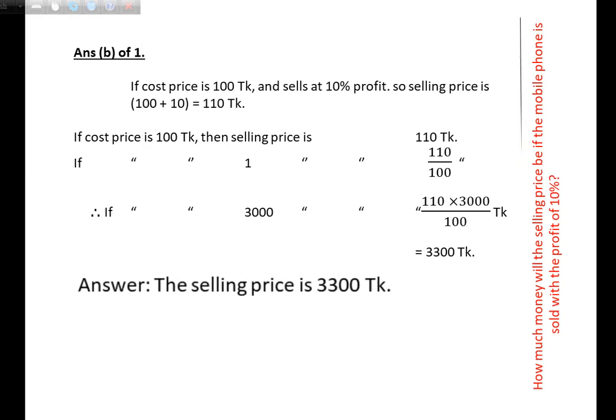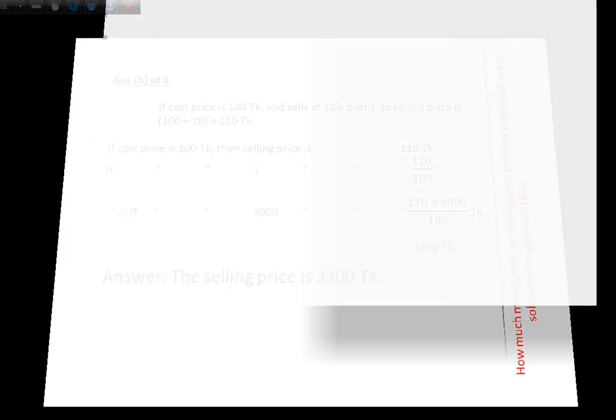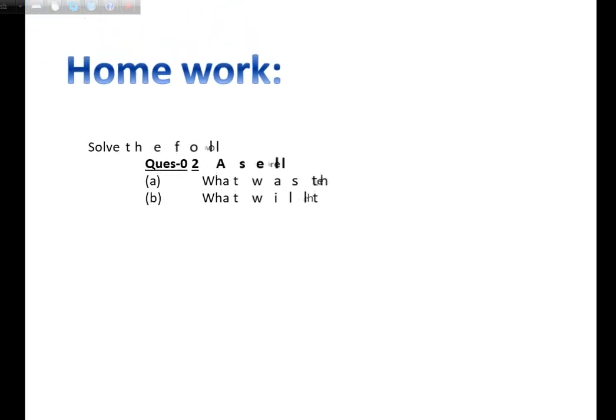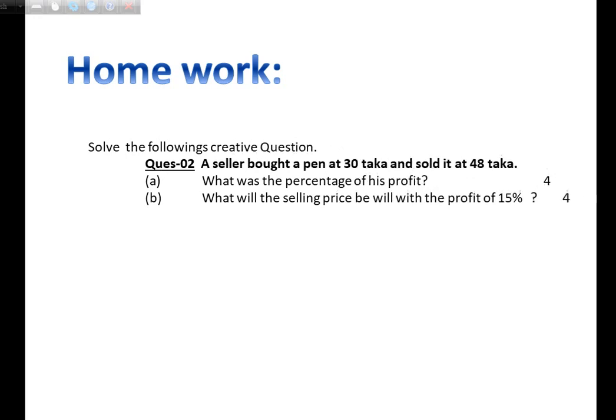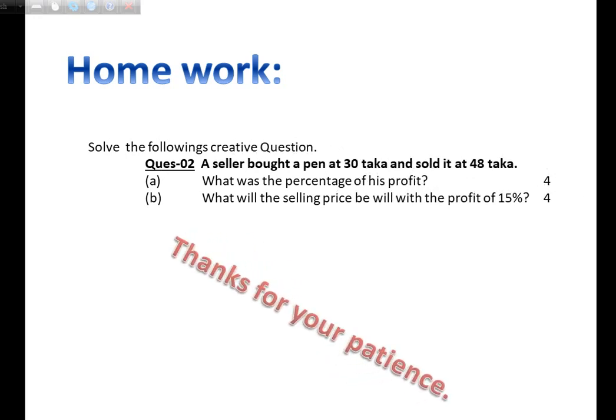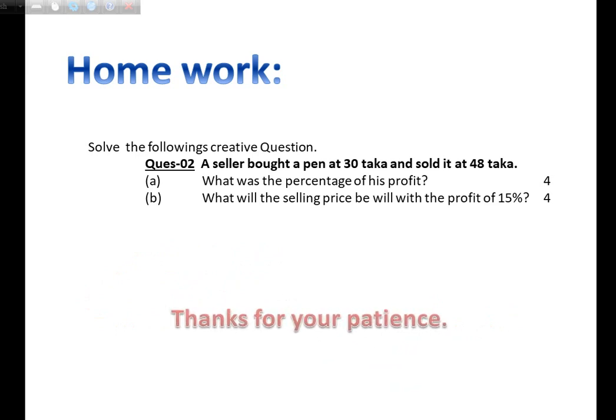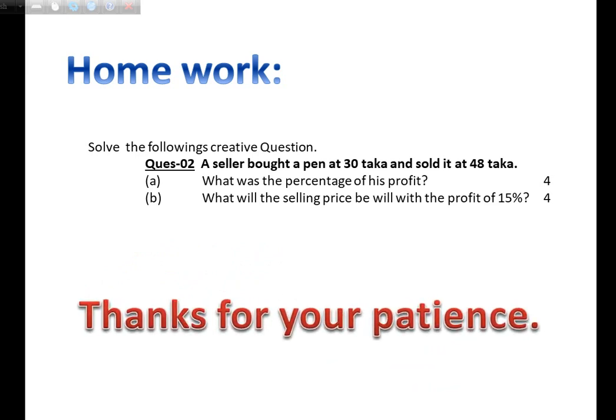No more today. I will just give you homework, and it is also a CQ for you. The question is: a seller bought a pen at 30 taka and sold it at 48 taka. I think you already know that this is a profit, because the bought price is 30 and the sold price is 48 taka.